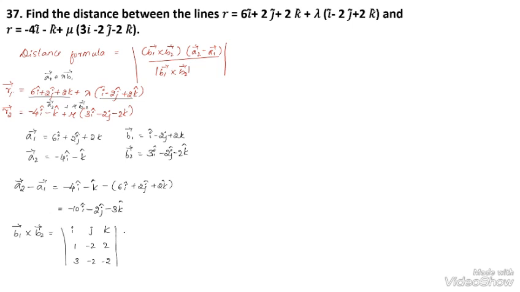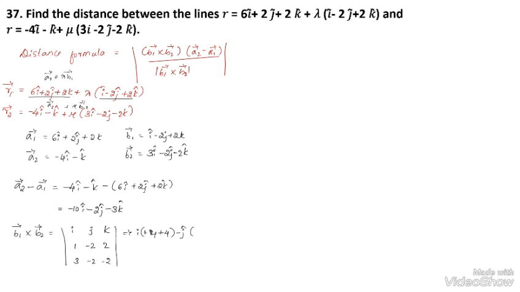Now I can calculate the values. i cap into, neglecting the first row and first column, minus 2 into minus 2 minus 2 into minus 2, that is plus 4 plus 4.